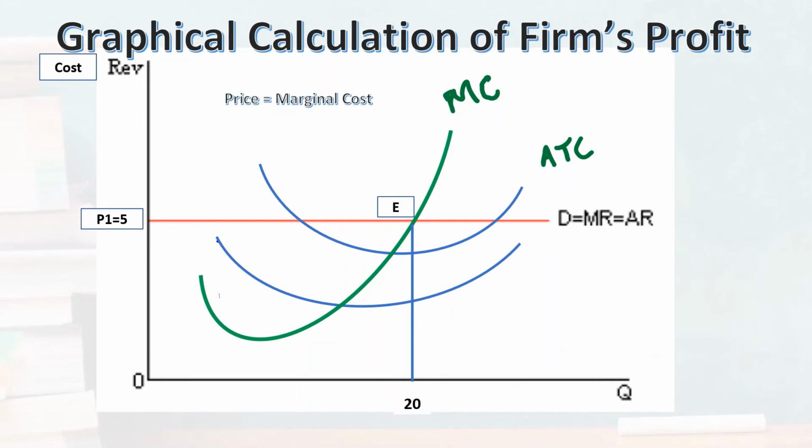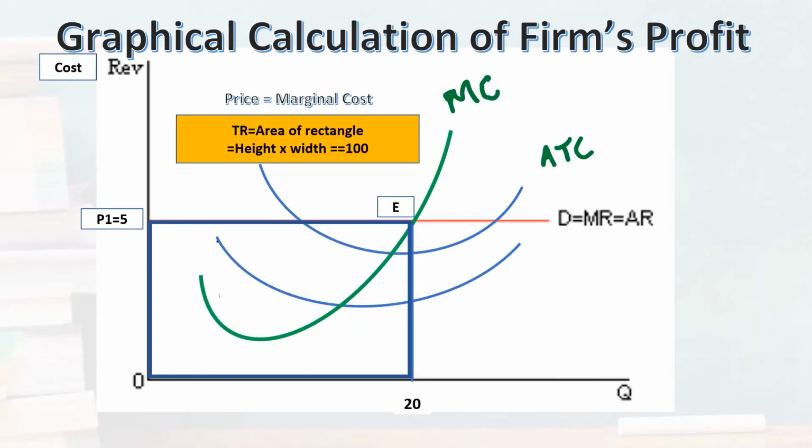So the revenue which that firm can earn by selling 20 units at a price of 5 is the area of this rectangle. The area of a rectangle is the product of height and width, and height is 5 and width is 20. So the total revenue this firm can have by selling 20 units is equal to 100.